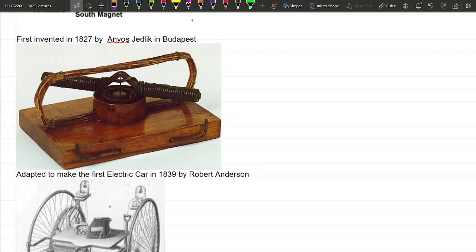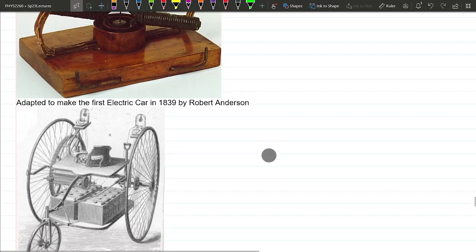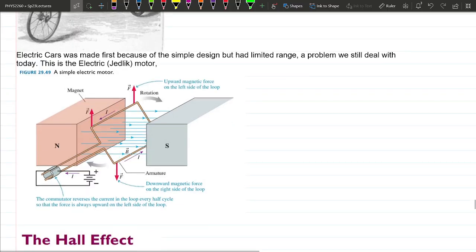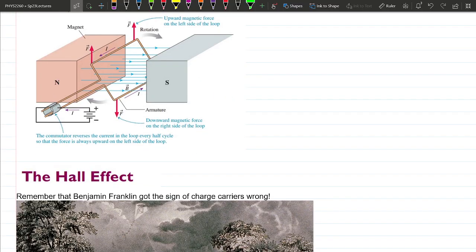And I think these are the permanent magnets, and the current loop is trying to go around. I think in this case they kept the loop stationary. The magnet is the thing that can rotate instead, because I think it's easier to make the connection like that. Okay, so that's how a motor works, okay?